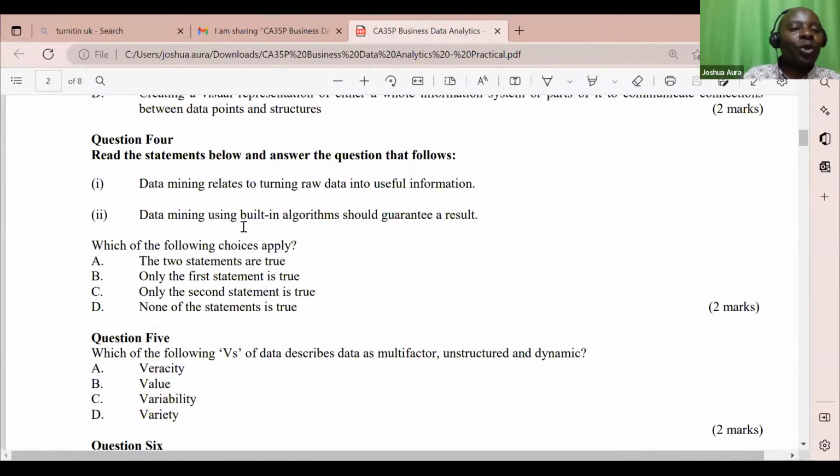Which of the following choices apply? A, the 2 statements are true. B, only the first statement is true. C, only the second statement is true. D, none of the statements is true. Which one? You guys are good in guessing. Which one should we talk about here, really?